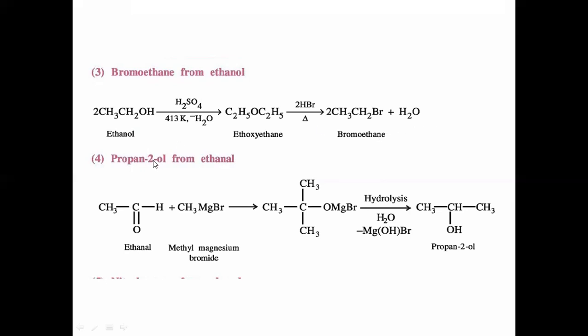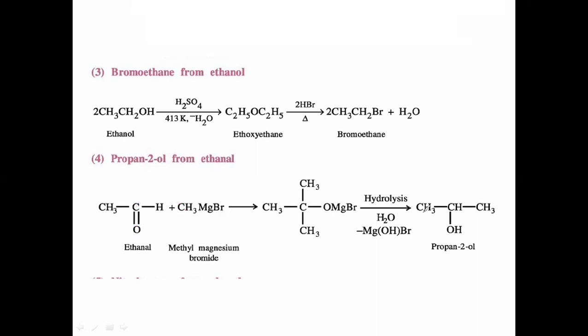Next formation is what? Propan-2-ol from ethanol. Ethanal is the aldehyde, CH3CHO, and from that we get propanol, alcohol. So methyl magnesium bromide, that is the Grignard reagent CH3MgBr, gives CH3CH(CH3) with OMgBr over here. See, O is attached with the MgBr, and one CH3 is attached over here. So we'll get this as an intermediate.